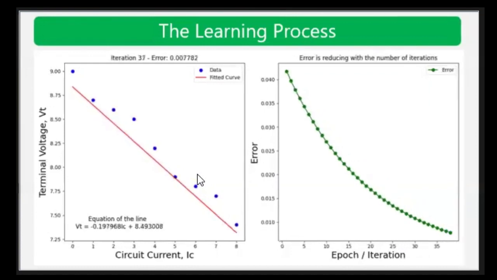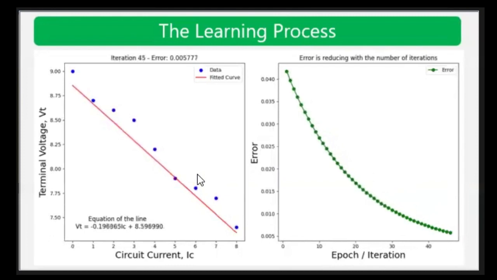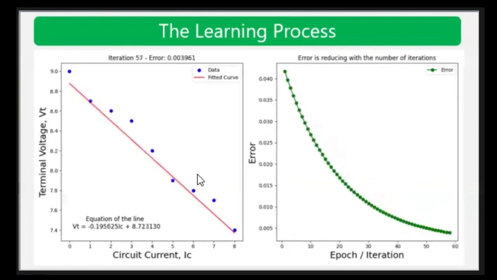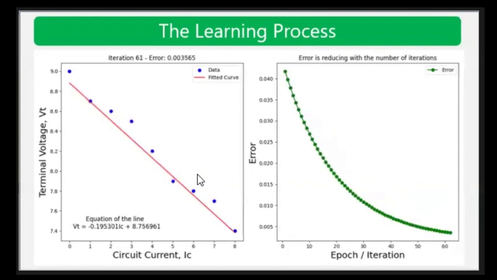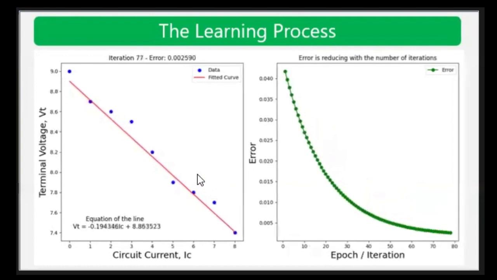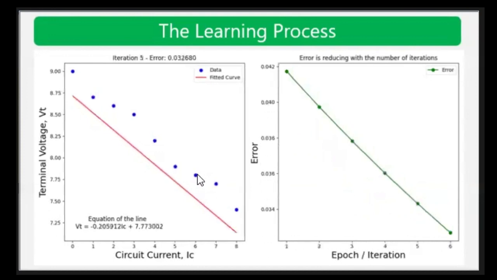So I started at a certain point, somewhere here. You can see the weight changes here: W1, W2, B into W2, changing. Every cycle, the error is going down. Right? So now, from far away, I am getting the line very close to the blue line. So now I am getting the best fitted line.